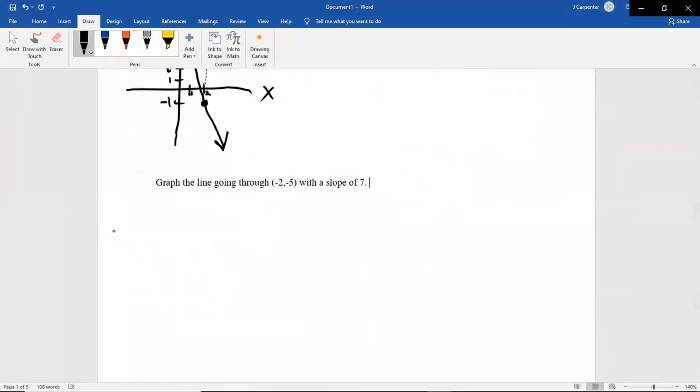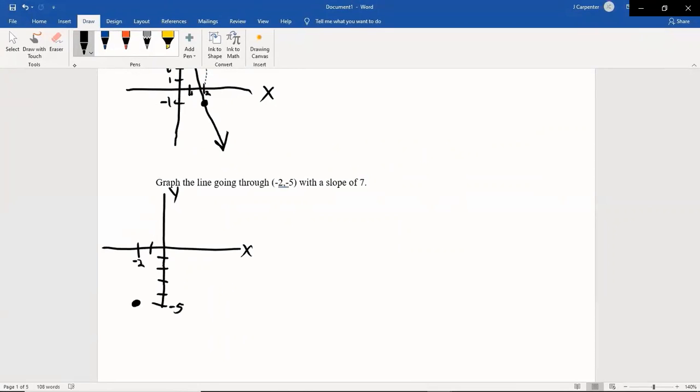So we're going to plot that -2, -5. Label our axes, doing this by hand. So -2, -5 is left 2, and then down 1, 2, 3, 4, 5. So here's that first point.